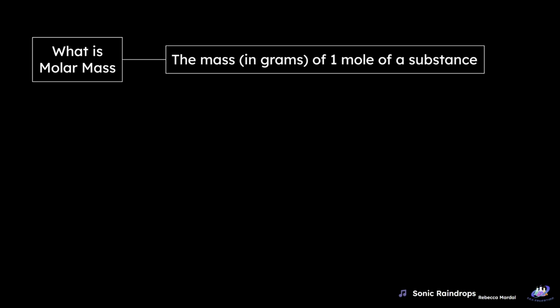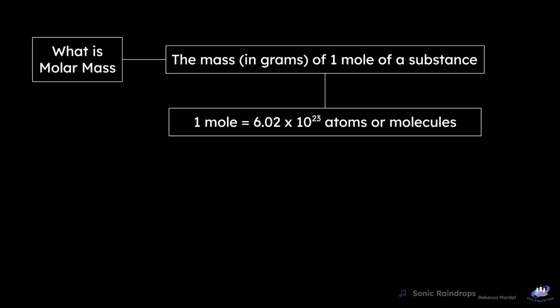So what is molar mass? Well, molar mass is the amount of grams in 1 mole of a substance. And remember, 1 mole is equal to Avogadro's number. So if I had a substance that was made all the same element, then I would have 6.02 times 10 to the 23rd atoms of whatever element that substance was made of.